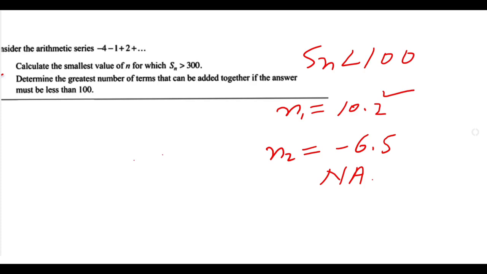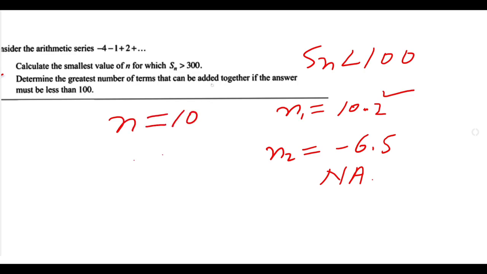Now, we're going to round this one. This is the 10.2 we have. So we got n1 as 10.2. So the integer less than 10.2 is only 10. So therefore n must be equal to 10. That's my final answer.